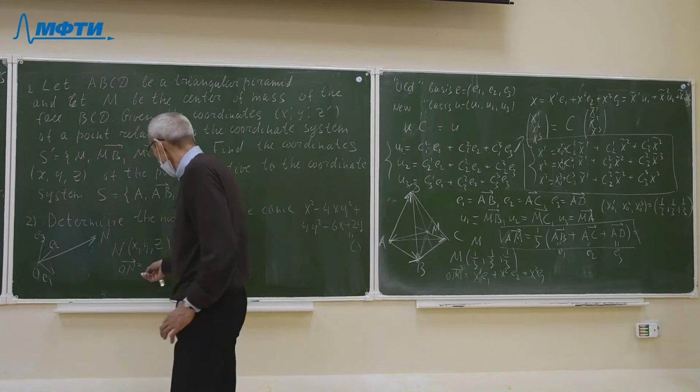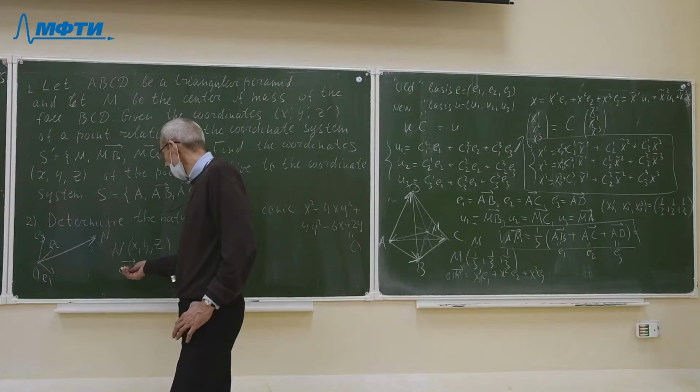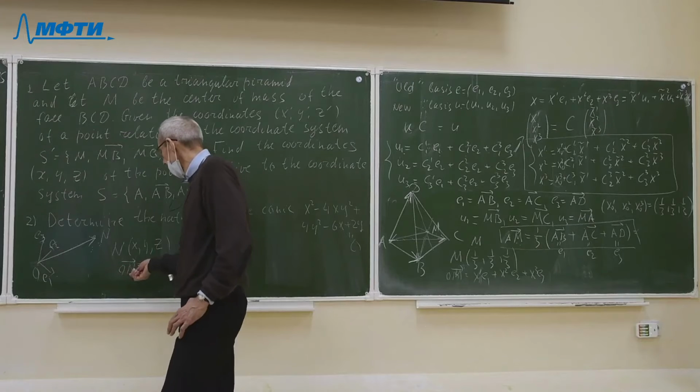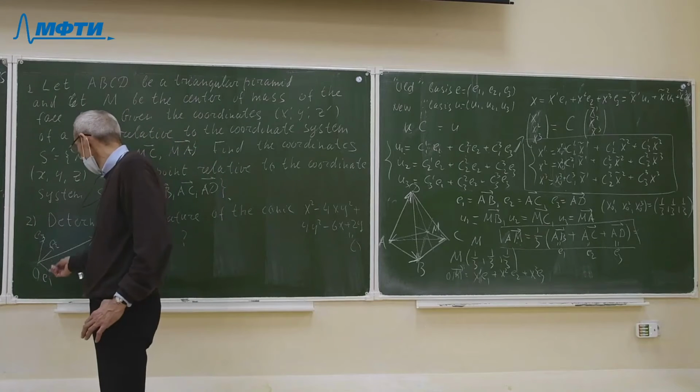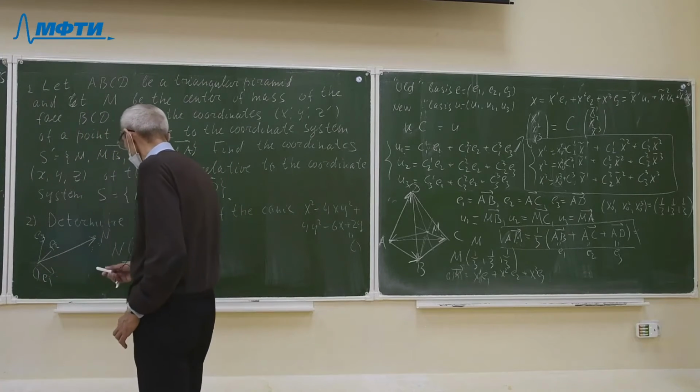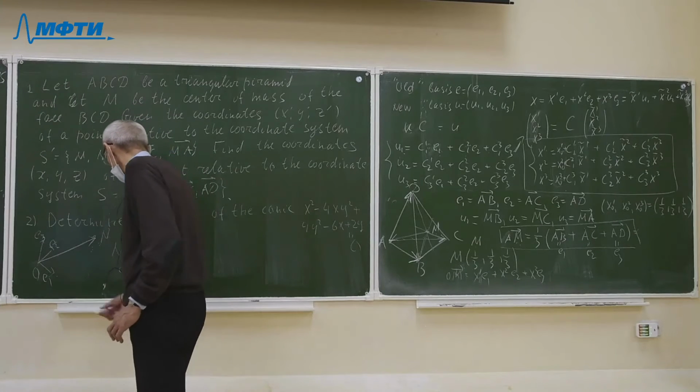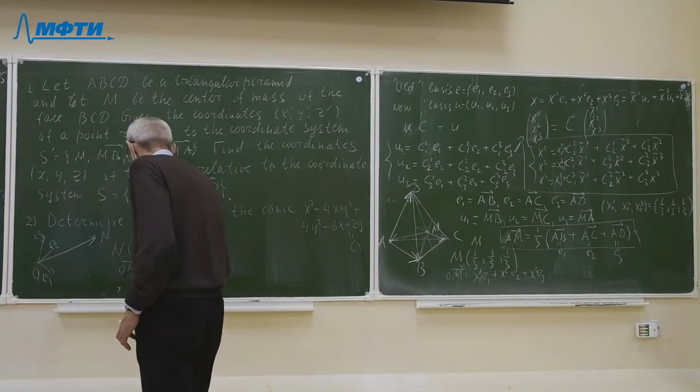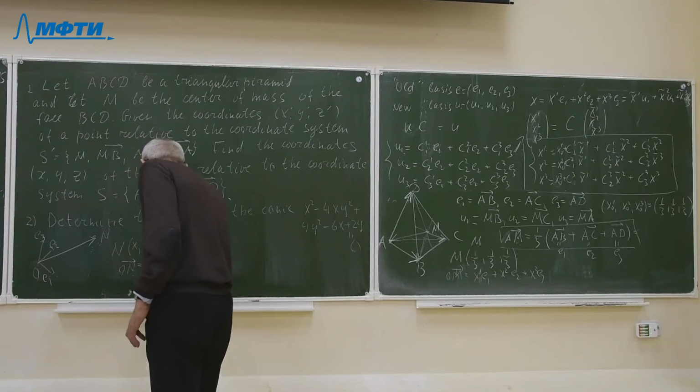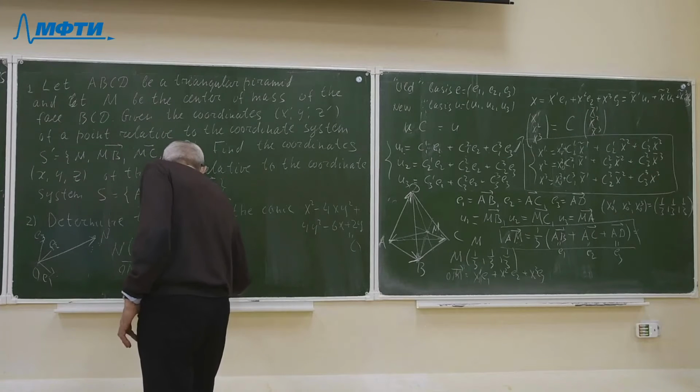We must decompose this vector on the basis vectors, namely ON is equal to x E1 plus y E2 plus z E3.